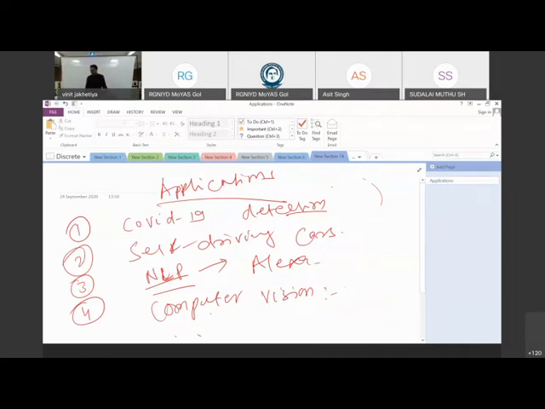The current problem in this domain is that the models which have been trained for dehazing are not in real time. They will take approximately 3 to 4 seconds to process an image. That means it is going to take 4 seconds to do the dehazing part, and you cannot wait for 4 seconds because any object can come in front of your car anytime.